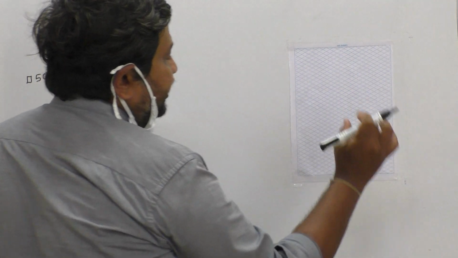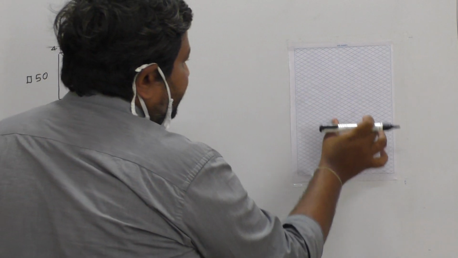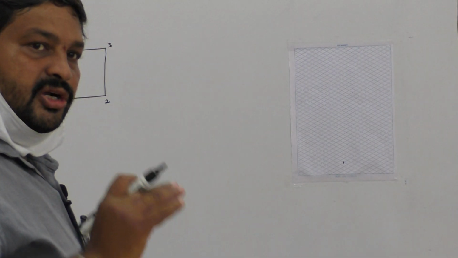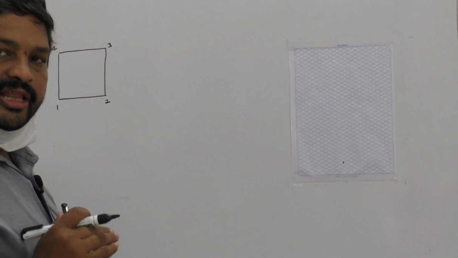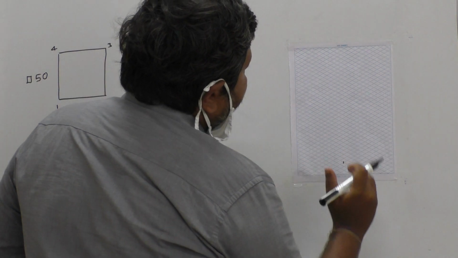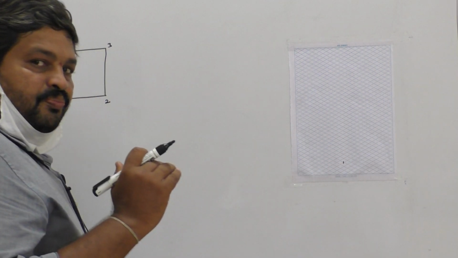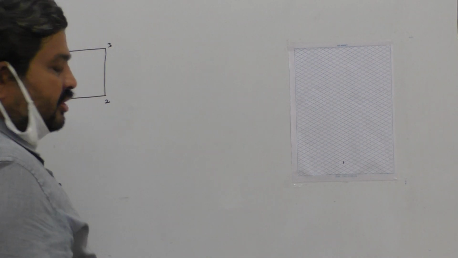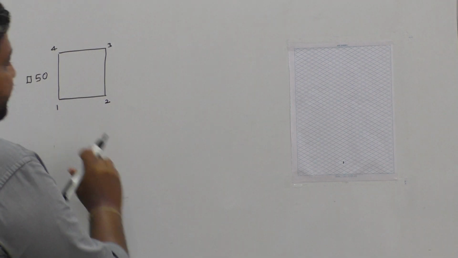That means a reduced scale has already been given in the isometric sheet, so it is not necessary to convert the true length into isometric length. These isometric sheets help us measure the dimensions directly in isometric length. So, 1 to 2 will measure 50 millimeter.